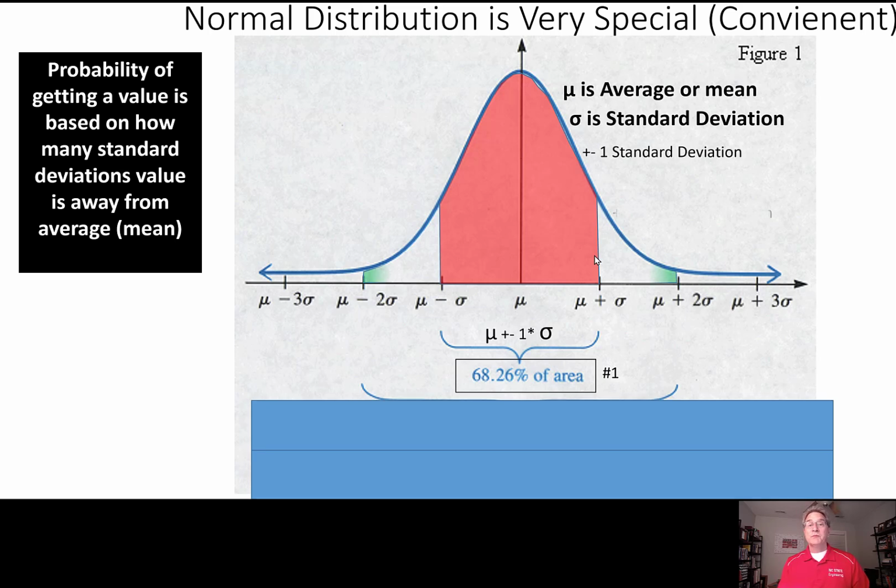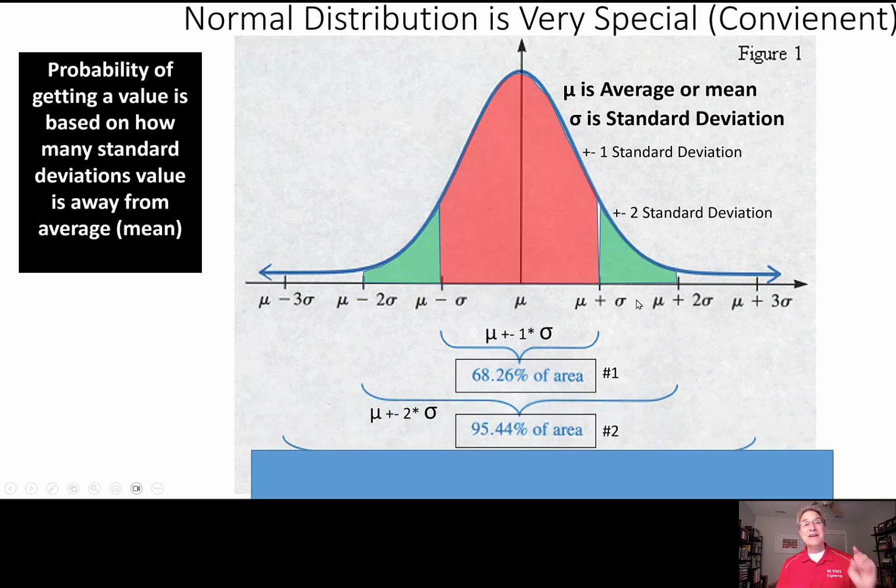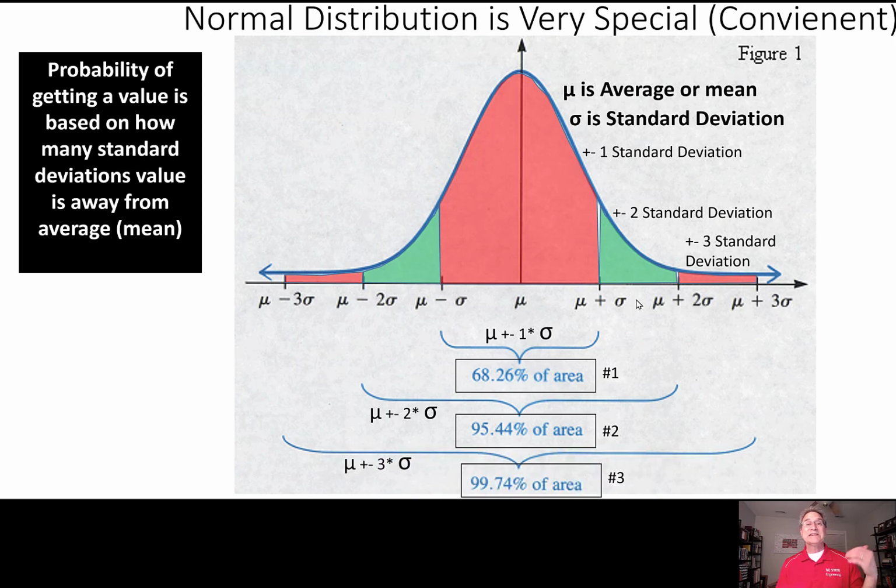Wow, that's cool. Now, plus or minus 2 standard deviations. If I move down 2, move up 2, 95.44% of the values will fall in there. And if I go all the way to plus or minus 3 standard deviations, 99.74% of the values will fall within that.